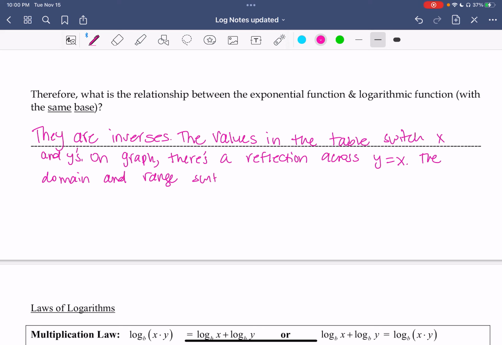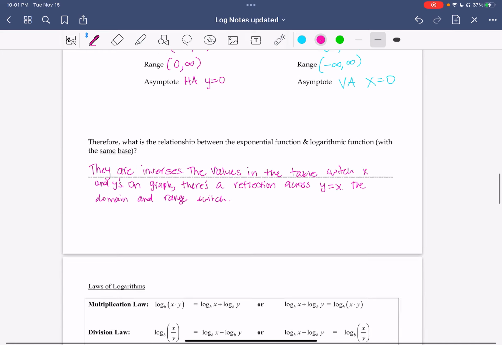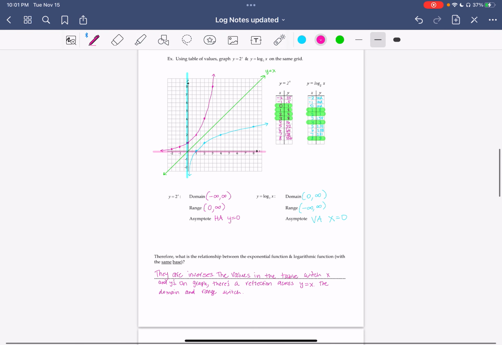So these are all characteristics of inverse functions. So if they're able to reflect across y equals x, if the x and y values switch on the table, and if the domain and the range values switch, then they are inverses of each other. Okay, so exponential functions and logarithmic functions are inverses of each other. Okay, let's go on to the next page.